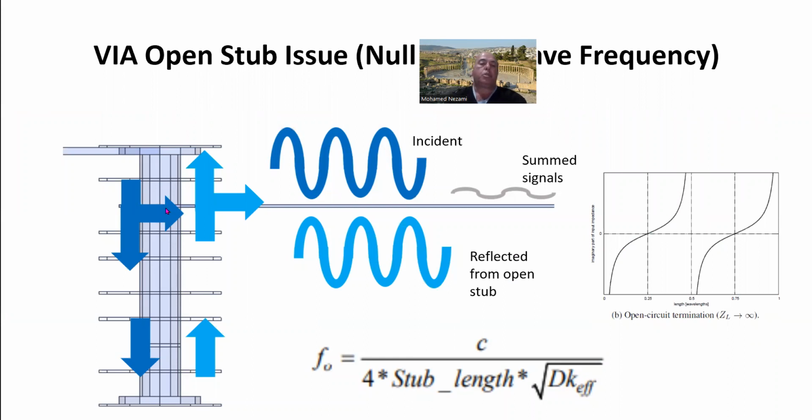As soon as the additional unused part of the stub, which is an open stub, is a quarter wavelength at some frequency, it will be presented with a short at this point, and you get a null in the signal. And this is the formula to predict that. Although I've tried many times to use this formula, I've always come out way off, not even close. And that tells you that there's more to it than just this.